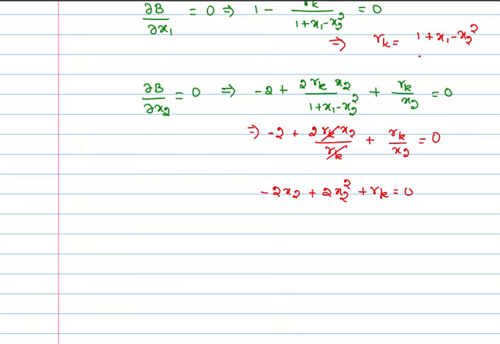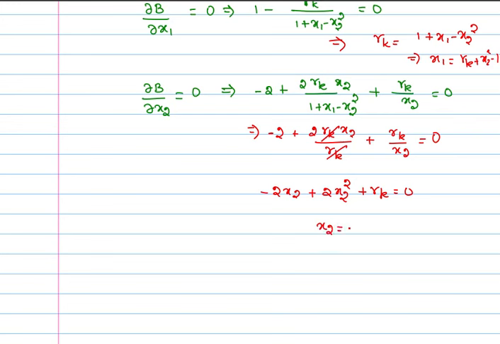Now from this equation it implies x1 equal to rk plus x2 square minus 1. Now for x2 I want the quadratic form. So in x2 square, rk is just some constant, correct?